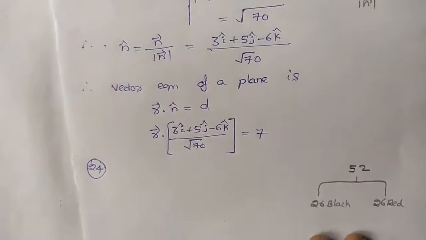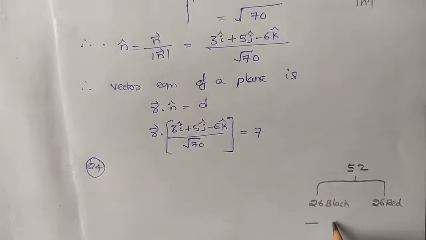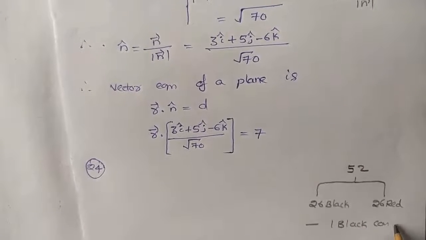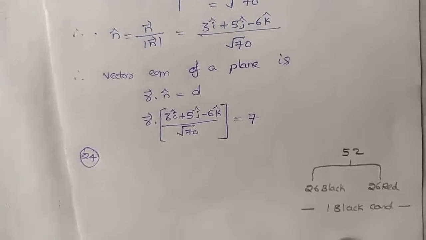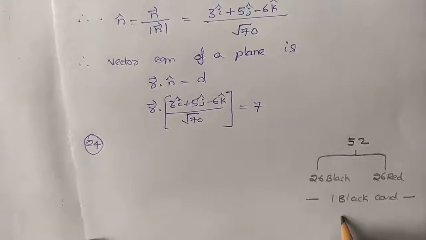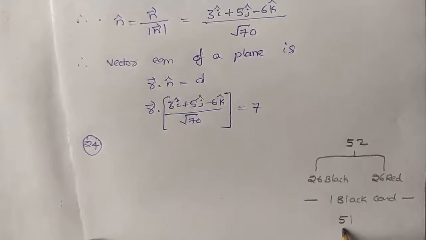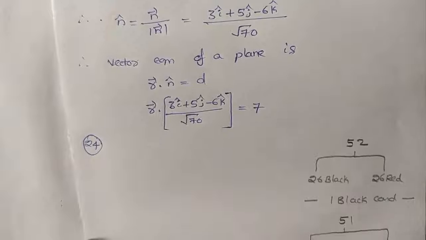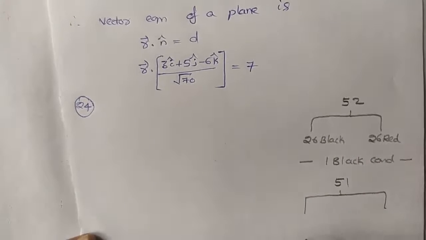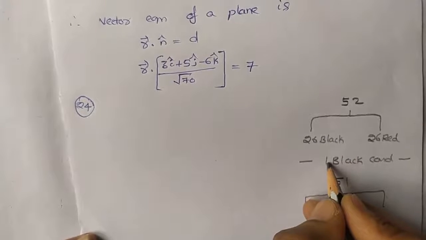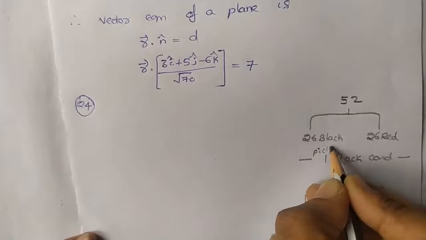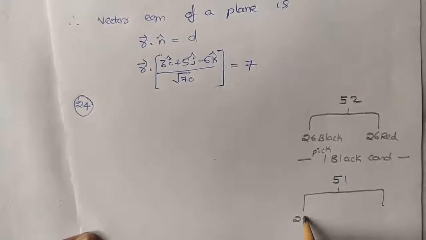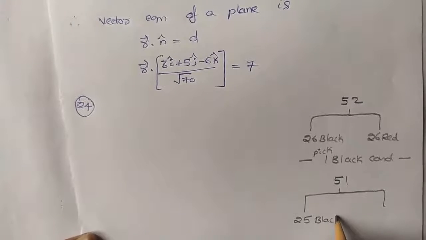Right? If we pick one black card, then the remaining will be how much? 51. Without replacement. The given condition is without replacement. If we pick one black card, then how many black cards will be there? Out of 26, there will be 25 black cards.